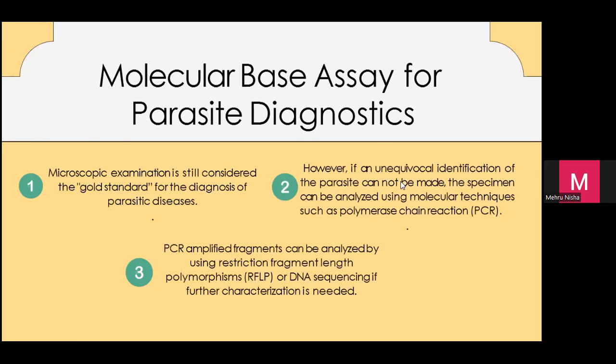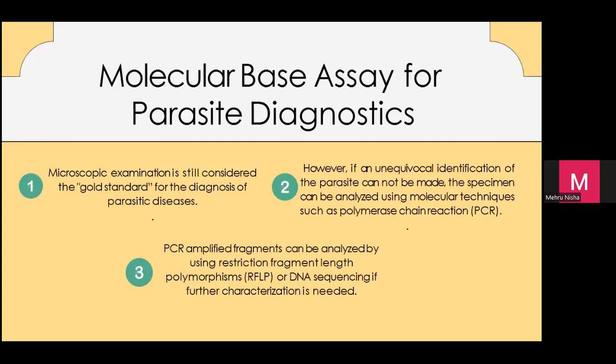However, if an unequivocal identification of parasite cannot be made, the specimen should be analyzed using polymerase chain reaction, PCR. Maksudnya you bacalah, you nak pergi rehat, lunchtime, you're hungry, dah terima 2 specimen, ini Entamoeba histolytica ke atau Entamoeba dispar.